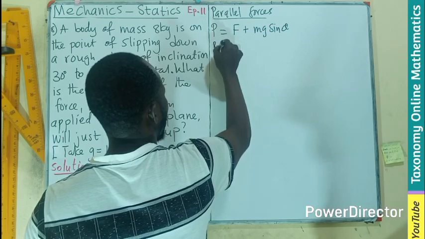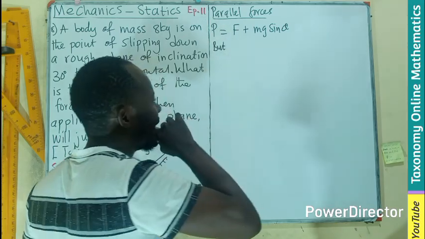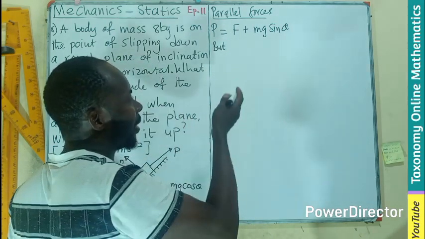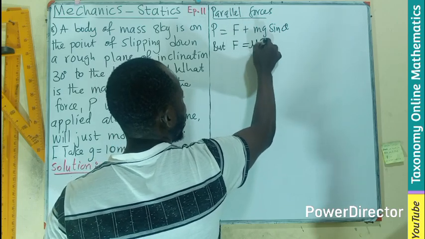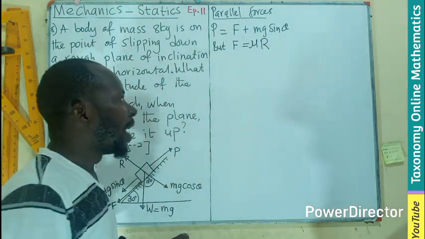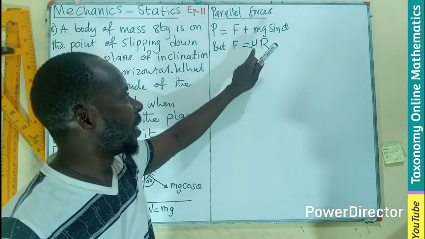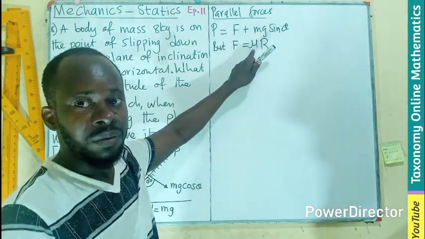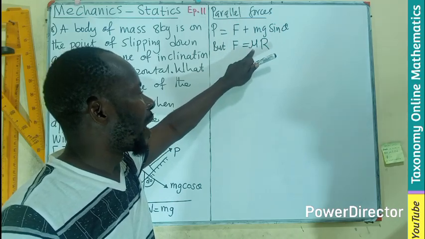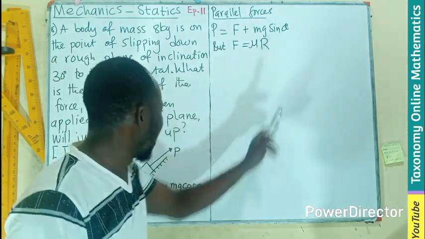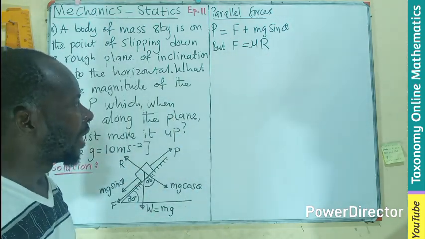On an inclined plane, the frictional force is proportional to the normal reaction, and the constant of proportionality is the coefficient of limiting friction. So this can be calculated.